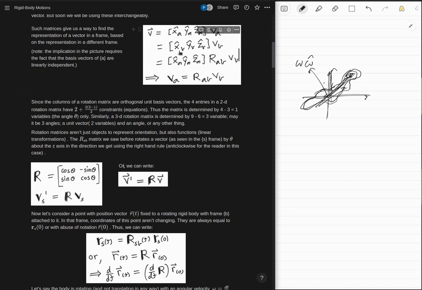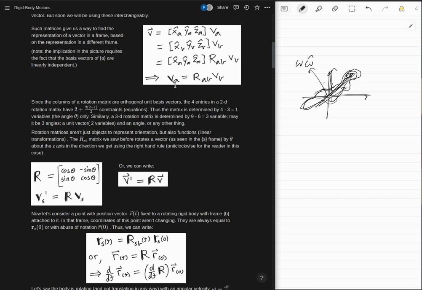So just as I did, we can write xA yA zA as the representation in some other frame, and then we can multiply this matrix with this vector to get the coordinates in that other frame. The matrix is called RAB if you are describing the frame B's basis vectors in A. This matrix applied on the coordinates of a certain vector in B gives the coordinates of that same vector in A, where A and B are frames.